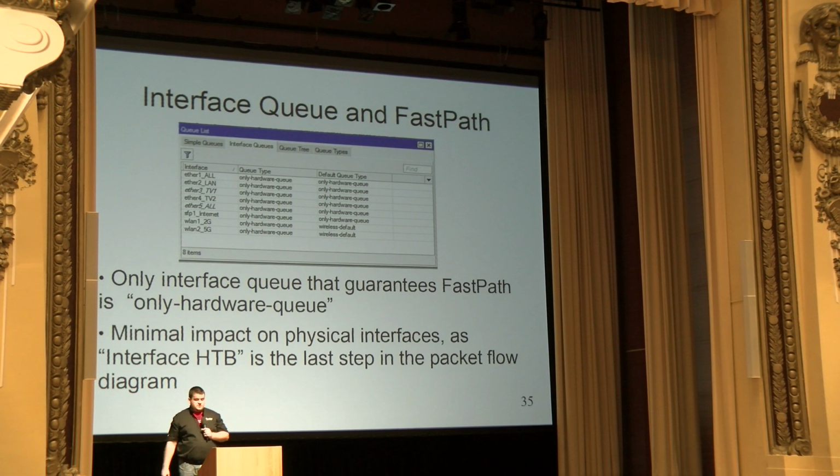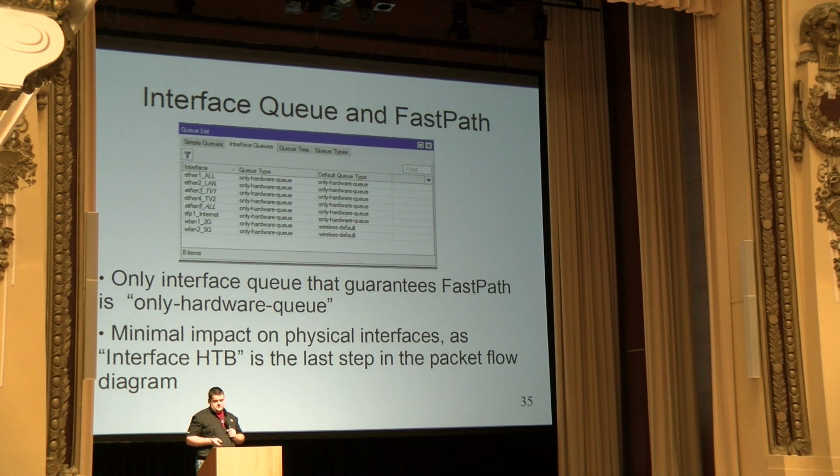The last thing that we need to talk about, because it's the very last box in the packet flow diagram, is interface queues. Every interface has its own queue in RouterOS. The only way to guarantee that the whole packet lifecycle will be in FastPath is if you use only the hardware queue on your interfaces.